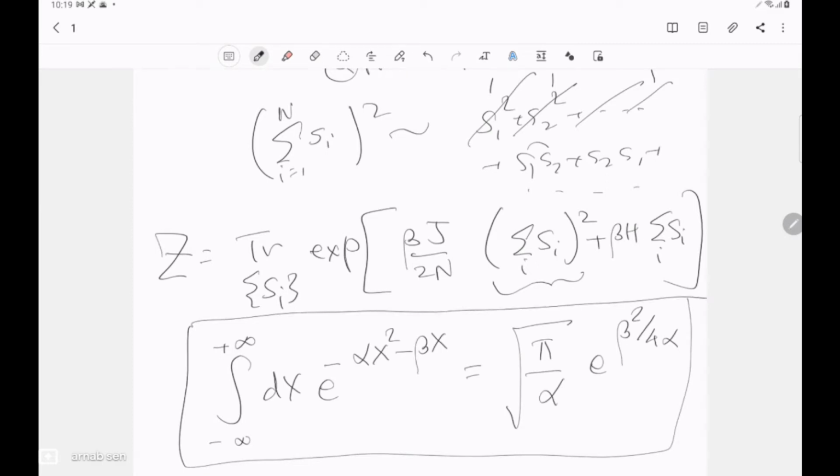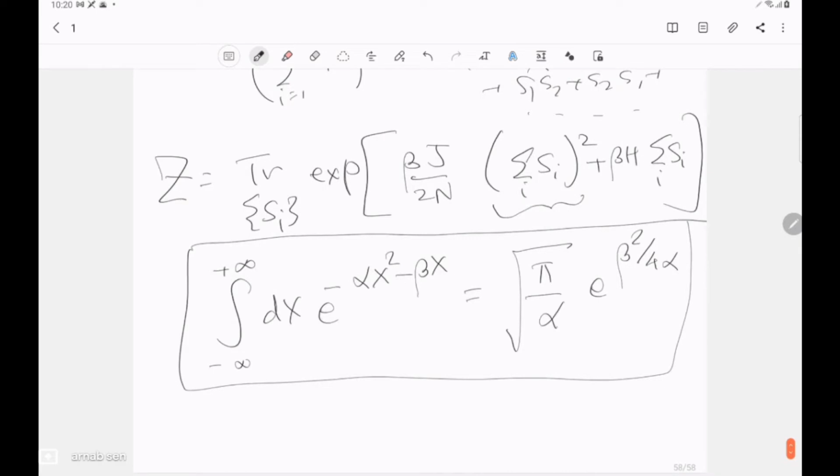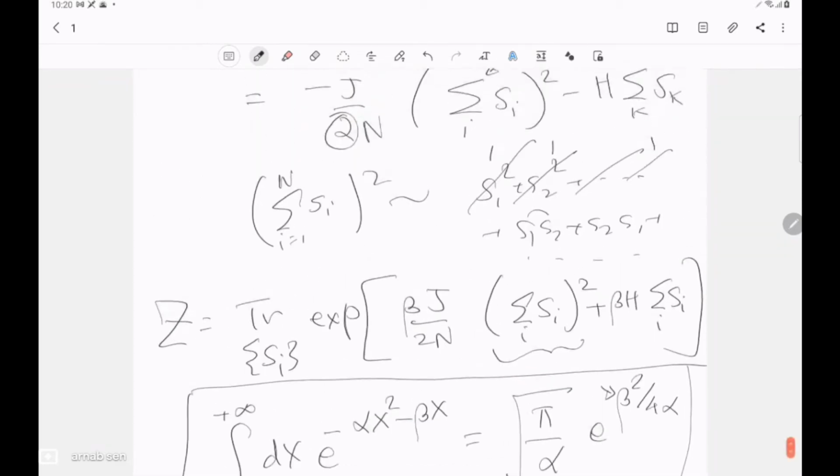So you see, this is a very common trick in field theory. Unfortunately, I'm blanking out right now, so I cannot remember the name of the trick. But the idea of the trick is the following. Suppose there is something which is quadratic here, and I want to write it in some linear fashion.